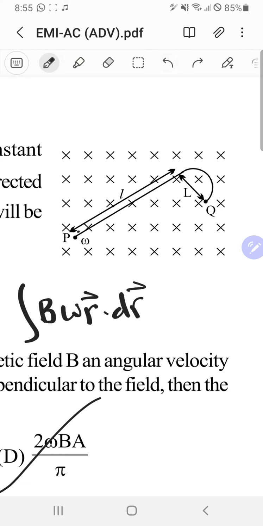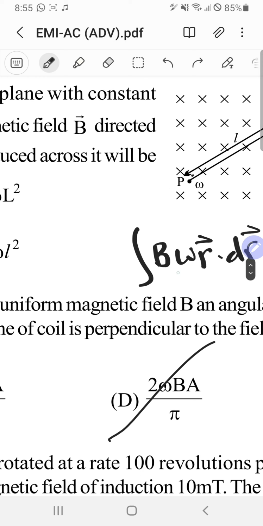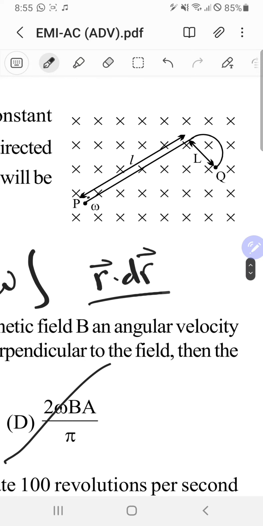Cool. How do we do this thing? Well, integrating it throughout this path, this thing is just constant, so pull that out, right? B omega. And now r dot dr, that's a mathematical thing completely.